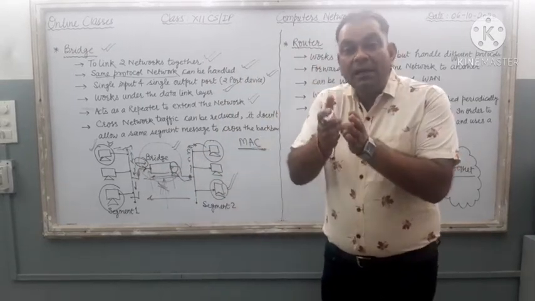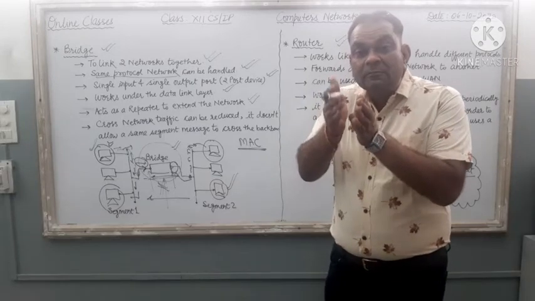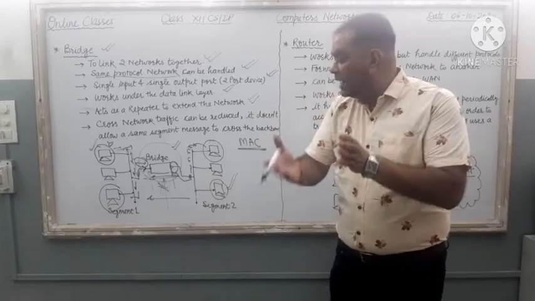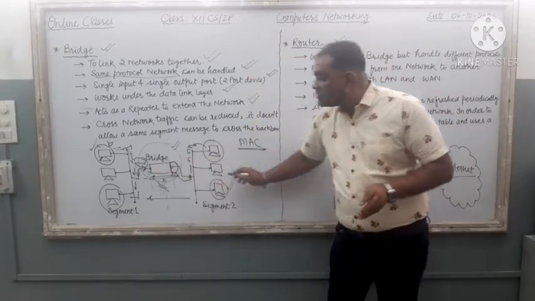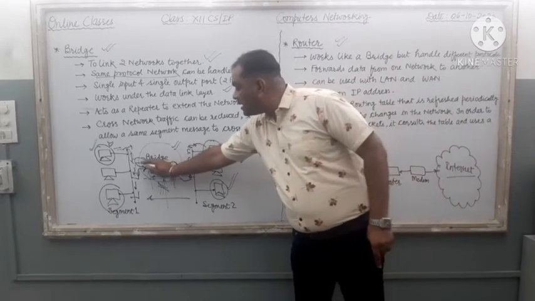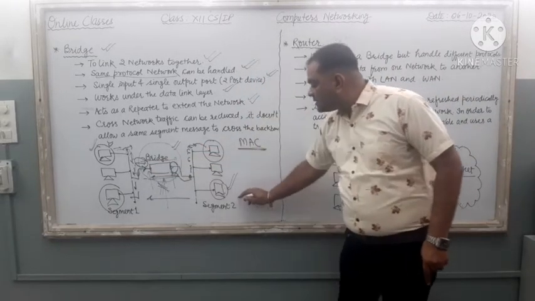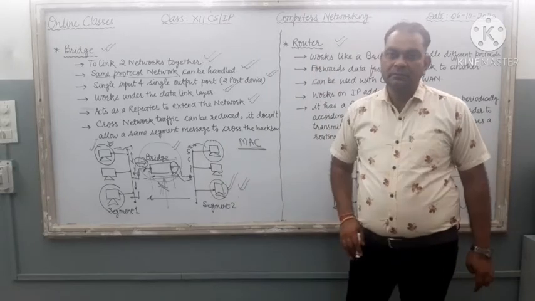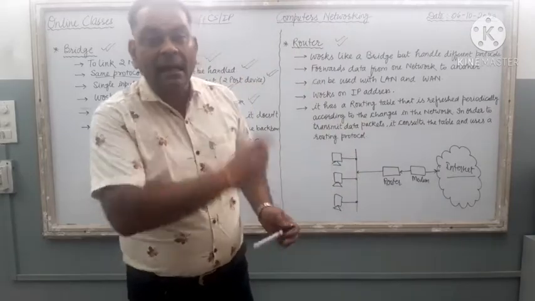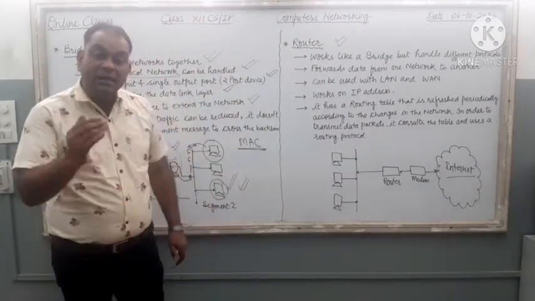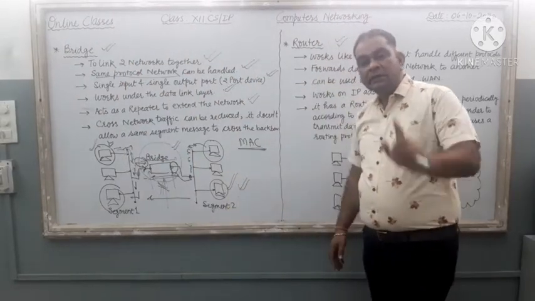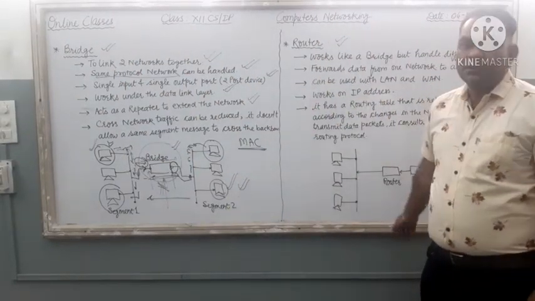Here the bridge identifies that this particular file or this particular mail is a cross segment mail, related with the other segment. Now the bridge transmits this message to the next segment and it approaches here. Yeah, it is a smart device. It knows the MAC address of each and every PC, which particular PC is connected in which particular segment. Clear?